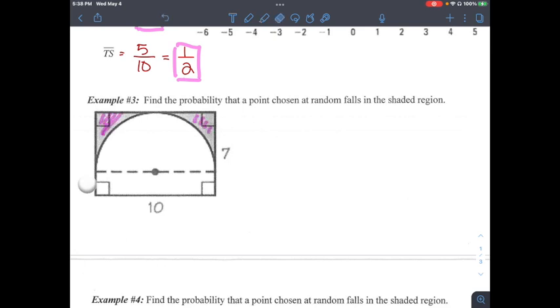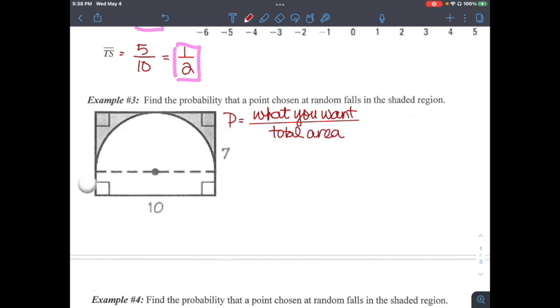There are tons of different ways to do the problem. For me, I would like to give you the formula: the probability, which I'm going to name P, is what you want over the total area, okay?